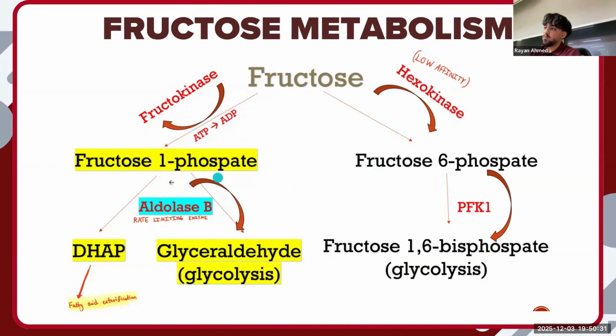Then fructose 1-phosphate will use an enzyme called aldolase B, not aldose reductase that we took before, aldolase B. Okay? Aldolase B, which is the rate-limiting enzyme of fructose metabolism. So aldolase B will make DHAP and then glyceraldehyde.